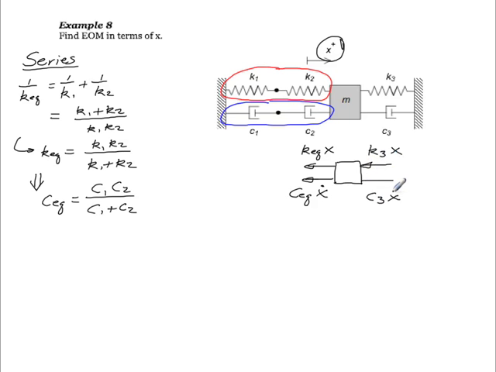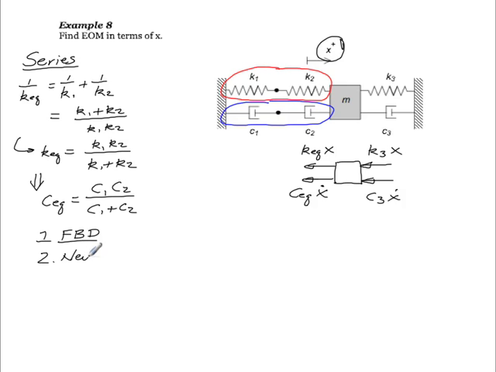When the block is moving to the right, when x dot is plus, it's being resisted in that motion by the dashpot, so the dashpot is pushing like that. So we have our FBD written in terms of the equivalent spring constants and equivalent dashpots like that.